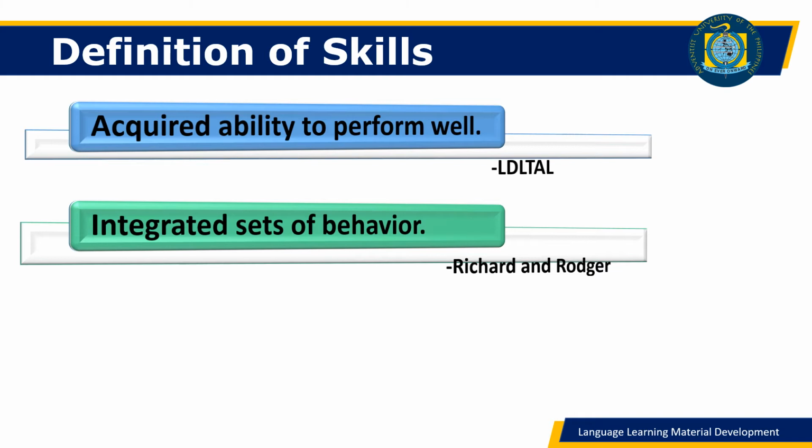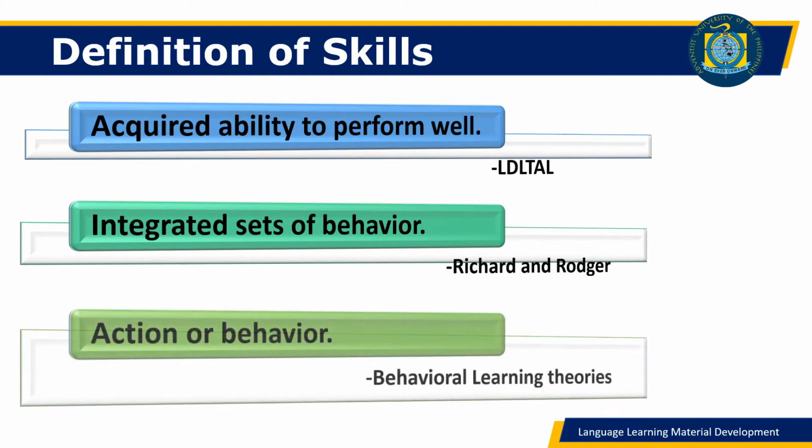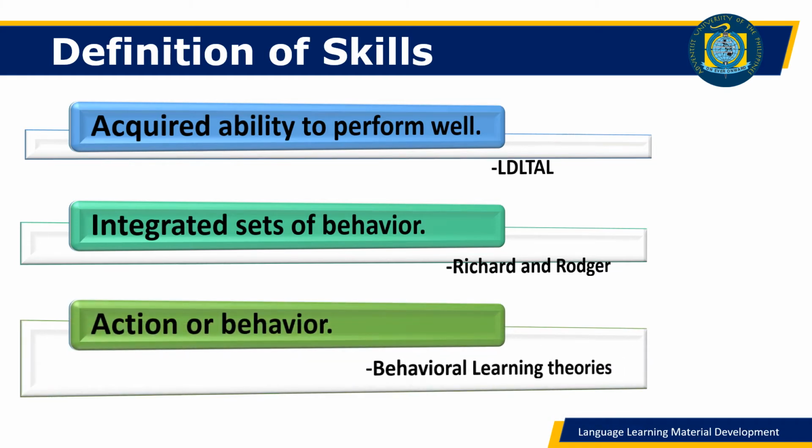They are made up of individual components that may be learned separately and that come together as a whole to constitute skilled performance. Then the last definition is this: skill as actions or behaviors derives from behavioral learning theories.